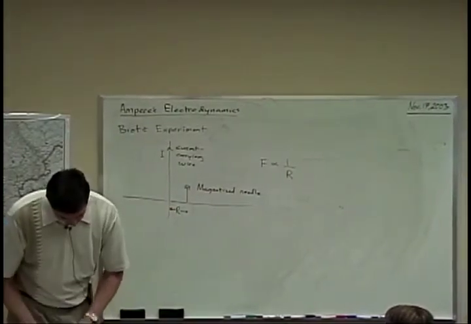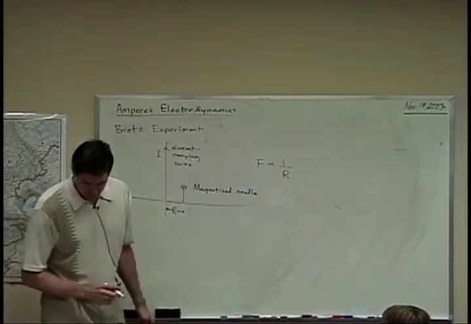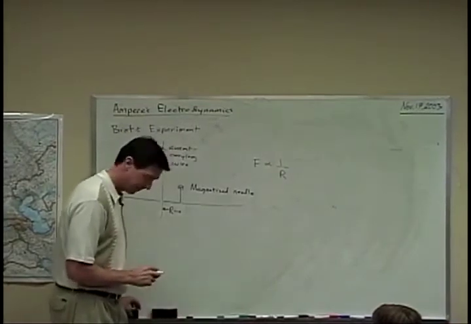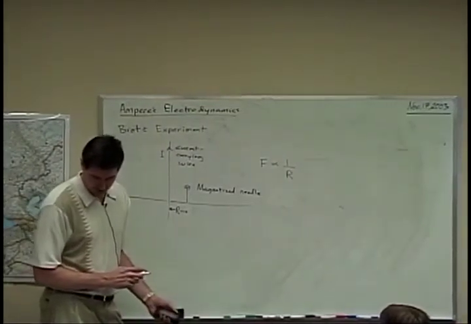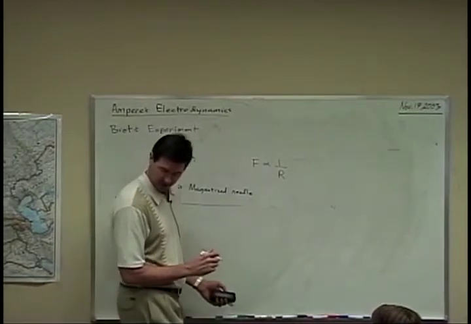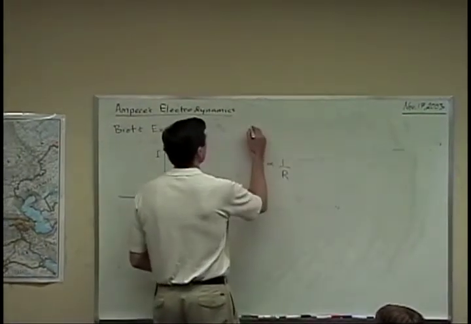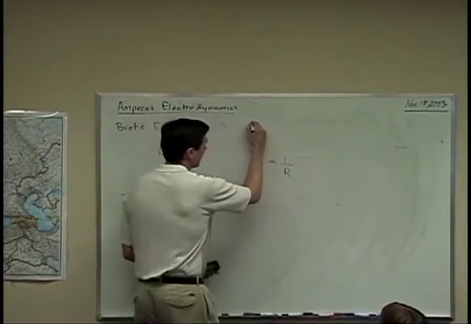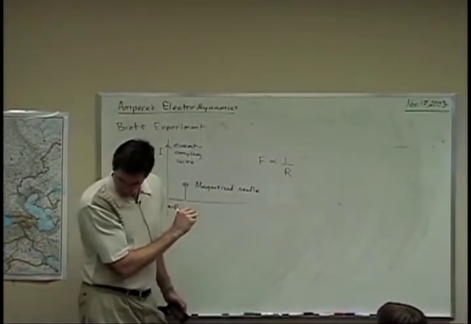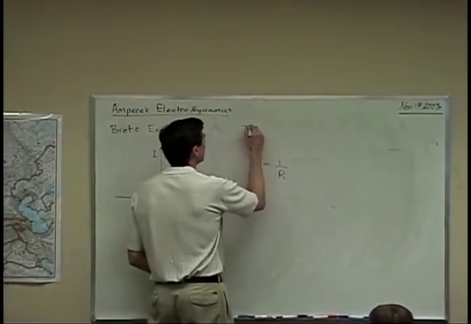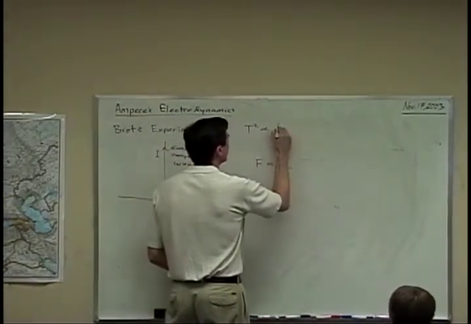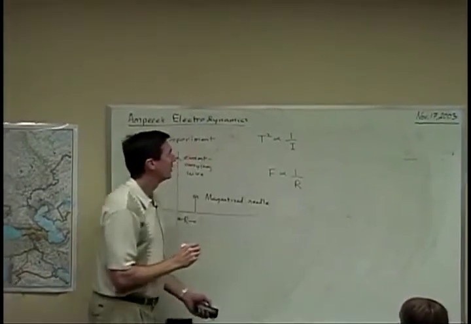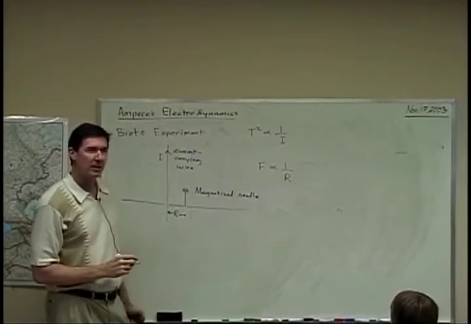And what they found, in this case, he finds that T squared is proportional to 1 over the current.